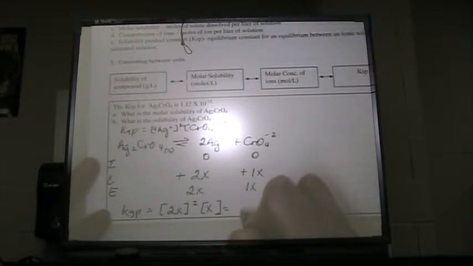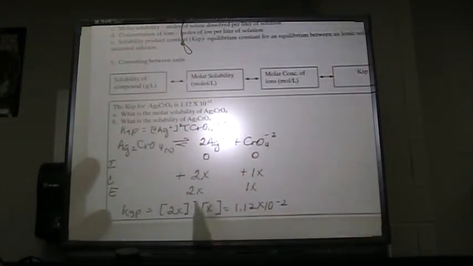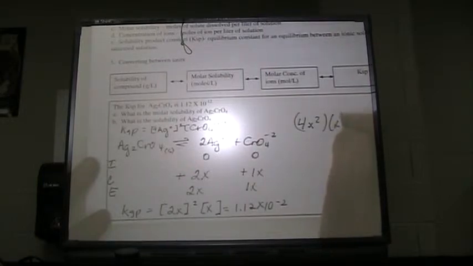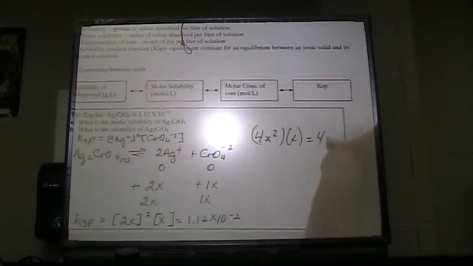So if I plug these values into my KSP expression, for my silver, 2x raised to the 2nd power times x is equal to the KSP, which is 1.12 times 10 to the negative 12. This is 4x squared times x, which is 4x cubed.